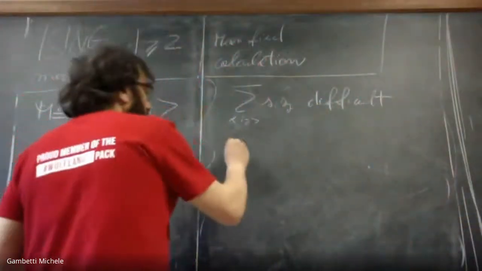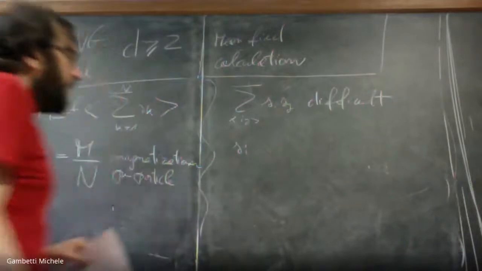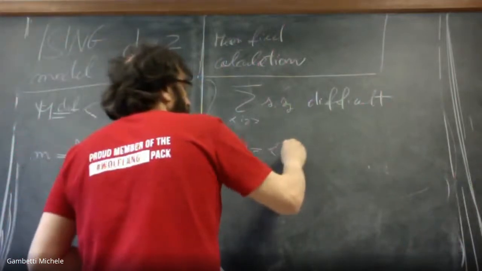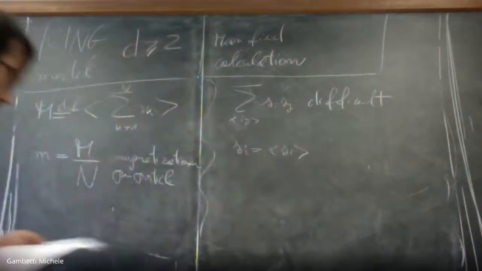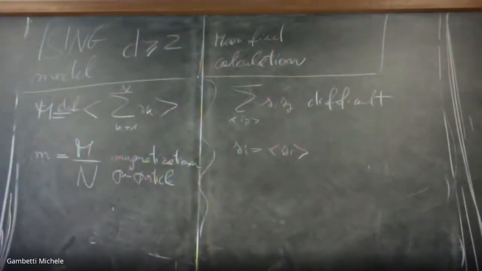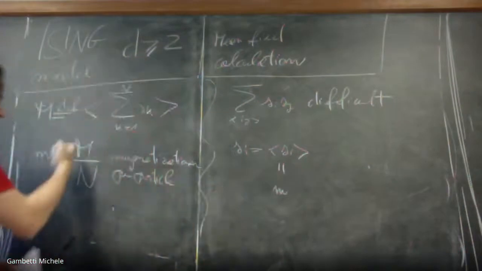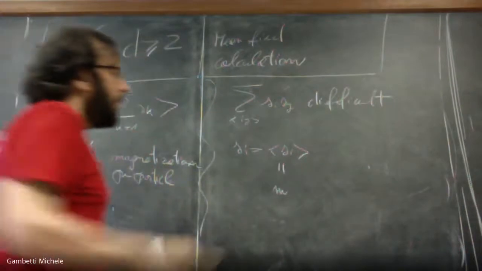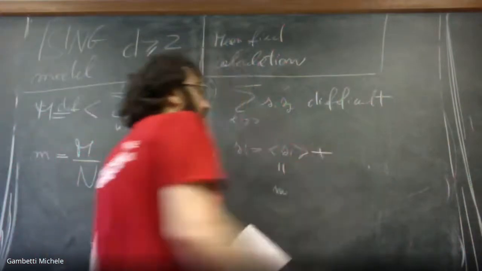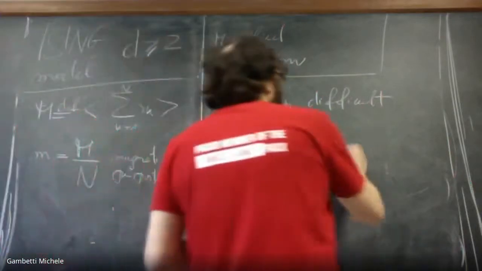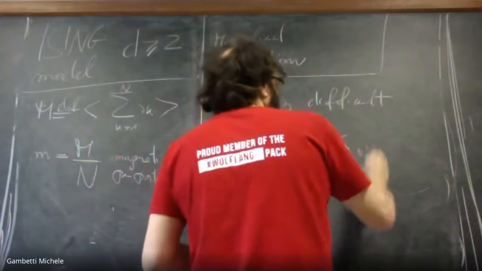So suppose that I have s_i. I can write s_i as the ensemble average of s_i. And what is the ensemble average of s_i? It's just m. So this is equal to m, plus here I have the fluctuations that we will indicate with delta s_i.